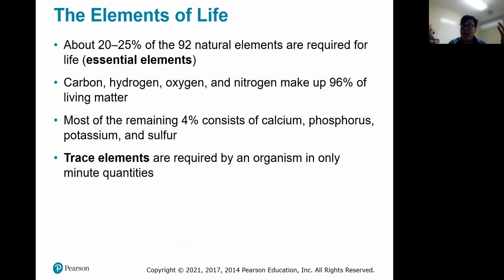And the remaining 4% generally will consist of something between calcium, phosphorus, sulfur, potassium, etc. The main big minerals that you guys are well aware of for your health. I mean, this is why we tell you guys drink a lot of milk, take calcium supplements, potassium supplements, etc., because they're generally going to be in a larger percentage.